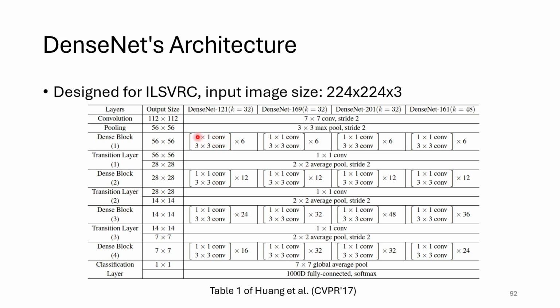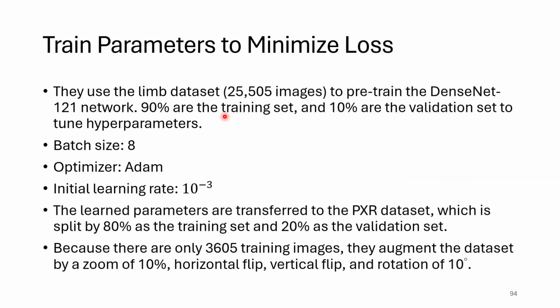There are 12 layers here, then 24, and 48 plus 32. Finally there is a classification layer and some transition layers. So the total number will be 121. That's the reason why Dr. Chen used DenseNet as their backbone architecture, because it is the state of the art in 2017.